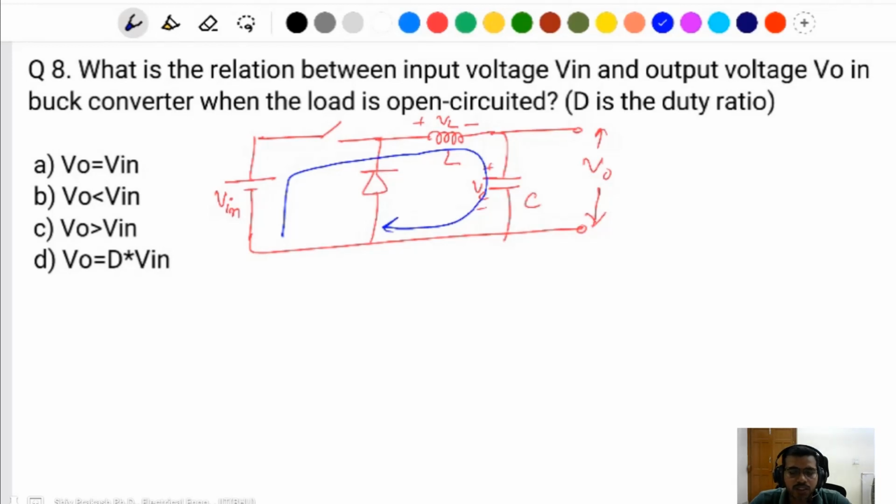Does anyone know the current expression, the current nature? Because output voltage is discontinuous, output load is infinity, meaning open circuit, so the source will be connected to the LC circuit.